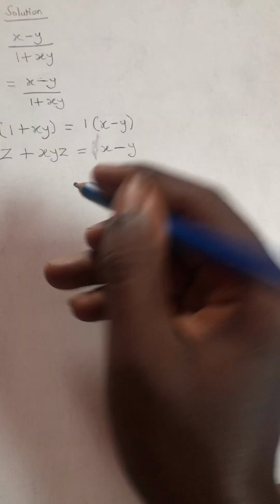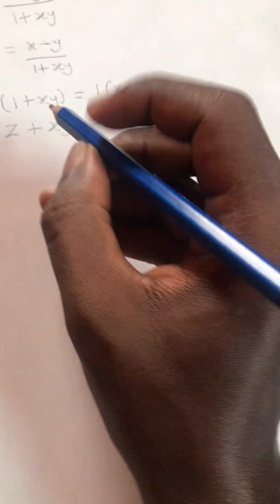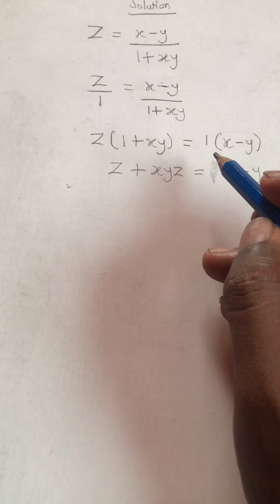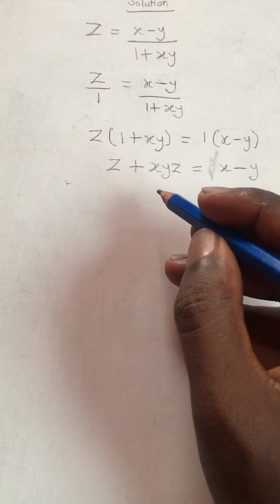So we are going to have our new equation to be z plus xyz equals x minus y.